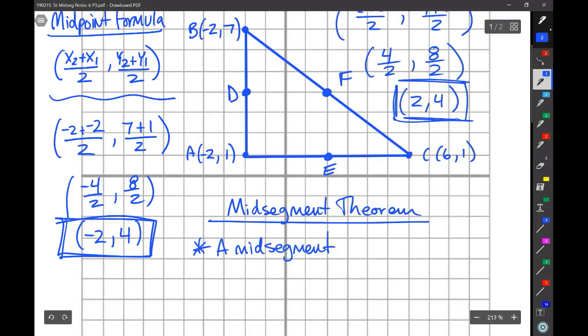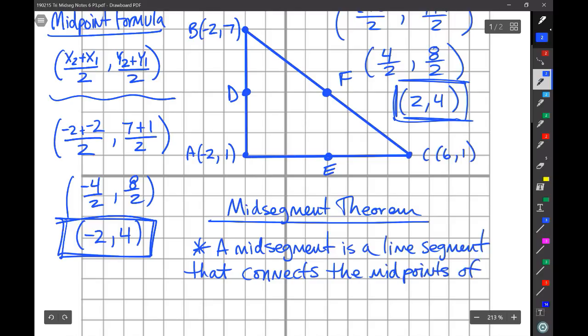So a midsegment is a line segment that connects the midpoints of 2 sides of the triangle.